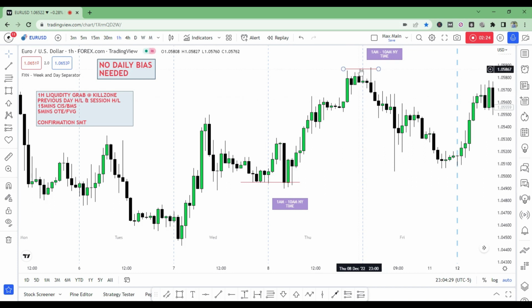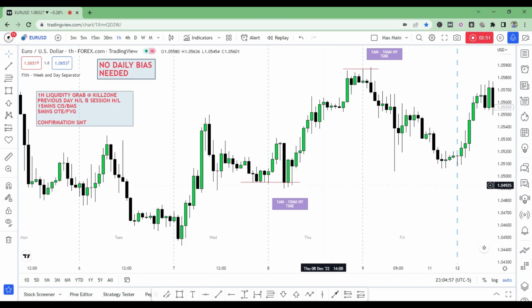So let's begin. Once I see a liquidity grab in the 1 hour, and what do I mean by liquidity grab? What I like to see is the market take out either a previous day high or low, or a session high or low. When I talk about the session, I'm still talking about the ICT kill zones, so just kindly go and check out what the sessions are.